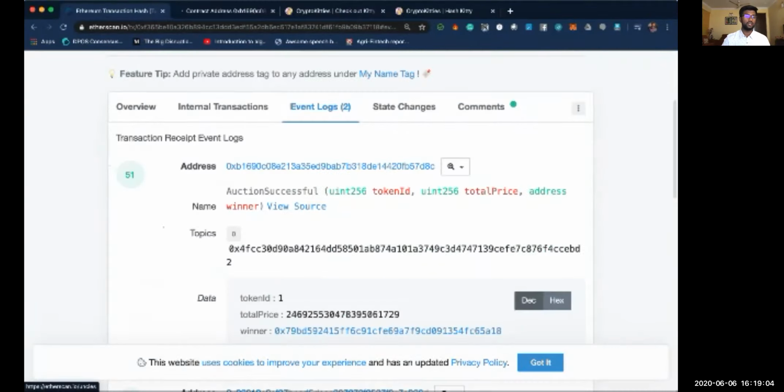Uncles are a different kind of blocks, where we were talking about two miners coming up with the solution to the cryptographic problem at the same time. Only one of them, the block from one of them, would be accepted into the blockchain, right? What will happen is that both the blocks will go into the blockchain, but whenever the next block is created, it will go in front of either of those blocks.